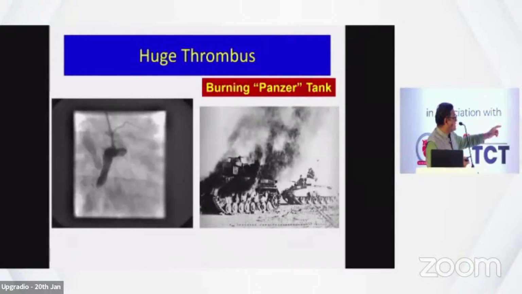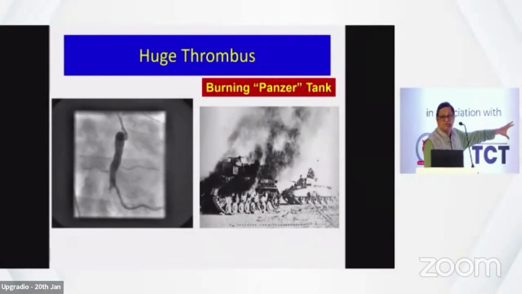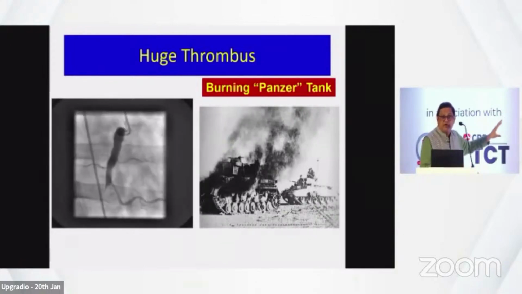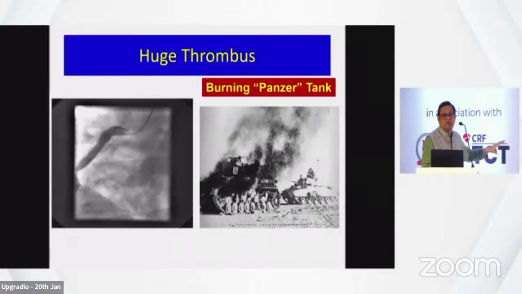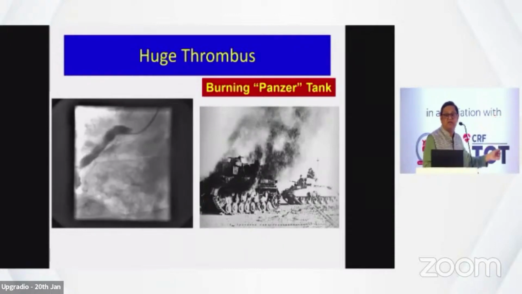Here another case, a large artery, but look, huge thrombus, a recipe for no flow and sudden collapse of the patient, because with such a big RCA, if it gets distally occluded, there will be a huge problem.